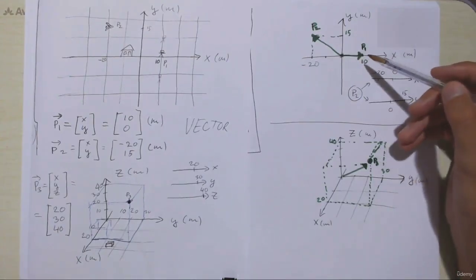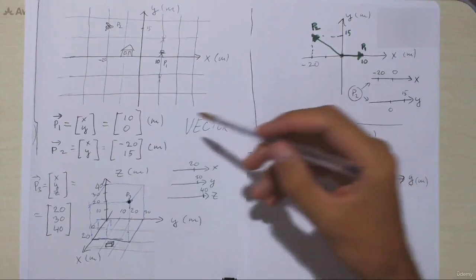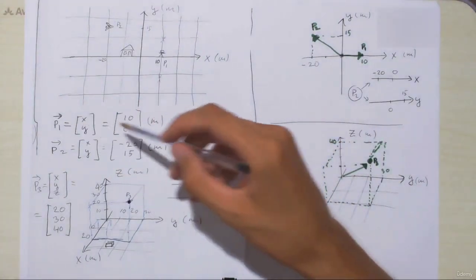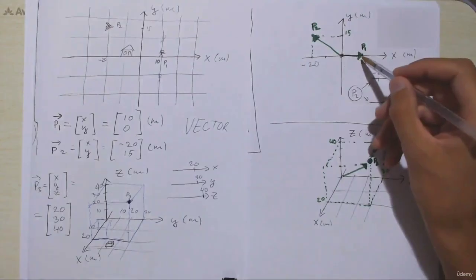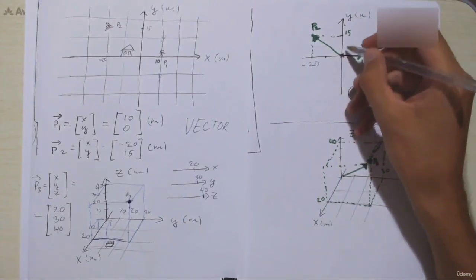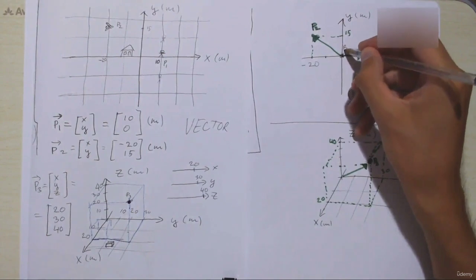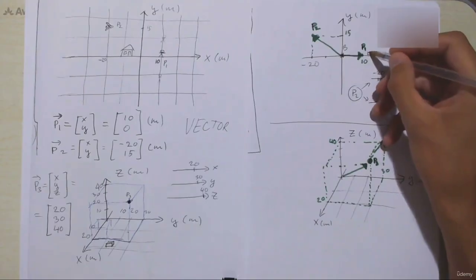And the way you graph vectors is very simple. You simply look at the coordinates of position 1, for example, and then you graph it like this. So the beginning of the arrow, which is here, that's the beginning of the vector. And the end of the vector, the tip of the arrow, that's the end of the vector, right?